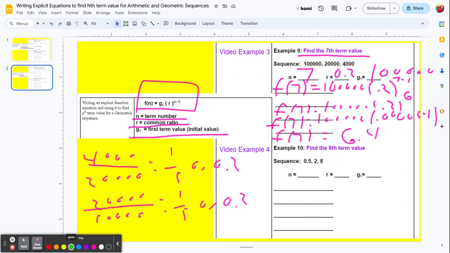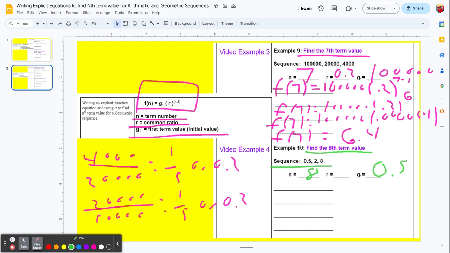Let's use green. All right. We're going to find the eighth term value this time for the sequence, which is 0.5, 2, 8. So our n is going to be 8. That's the term value we're going to find. Our g sub 1, our initial value, is 0.5.